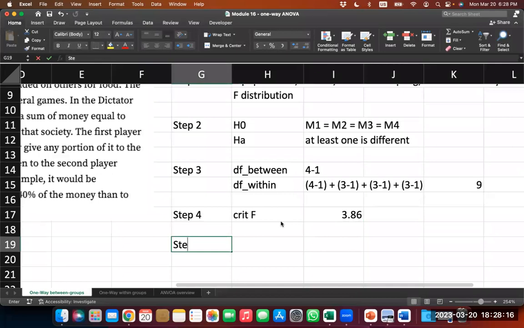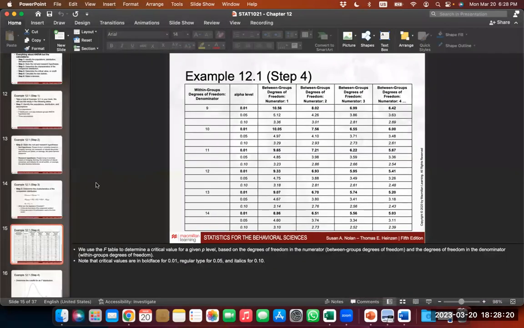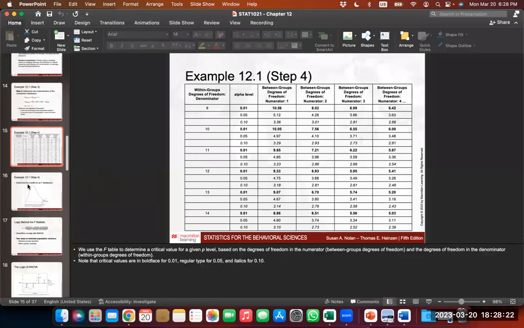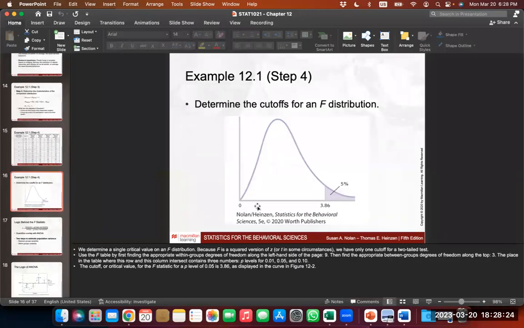And then step 5, and that's the tricky one, as you can imagine, this is the calculation of the test statistic. Again, here's the depiction of this unimodal right-skewed F-score distribution, with 3.86 here. Everything exceeding 3.86 is now an alpha of 5% or less.